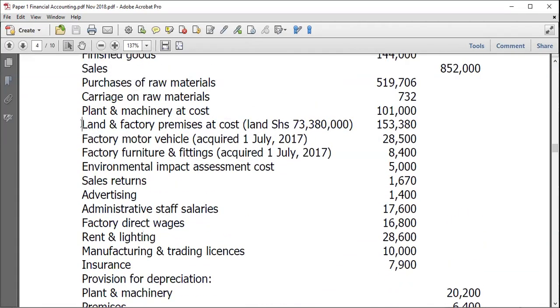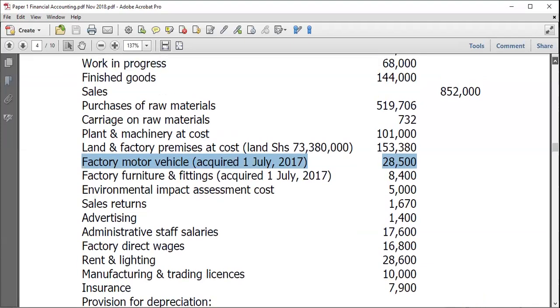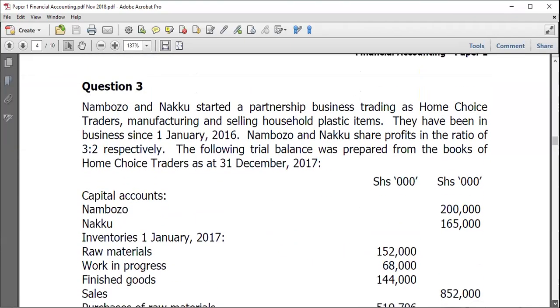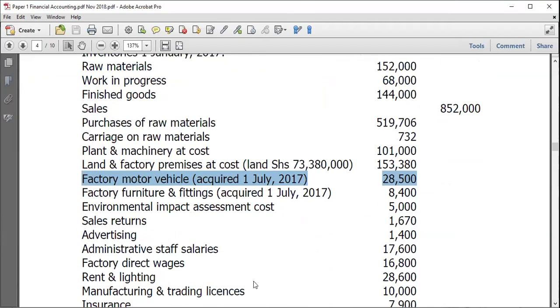The next thing they tell me is land and factory premises, which we have done. The next thing is the factory motor vehicle, which was bought on 1st July 2017. And remember, our books of accounts here are up to December 2017. So ideally, I need to be able to calculate.